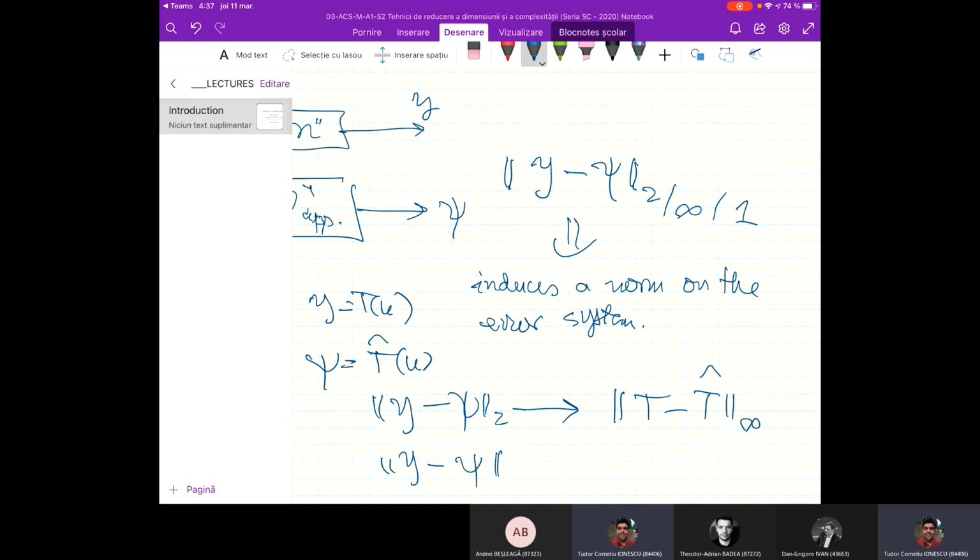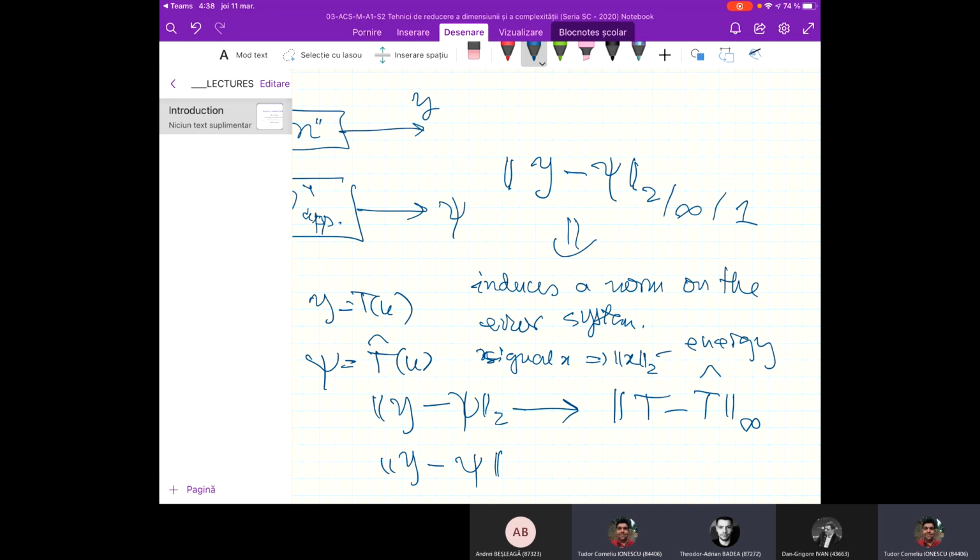What is the 2 norm of a signal? Do you remember or do you know? What is this for a signal X? I don't know if I'm right, but I think the 2 norm is the energy. Very good, energy.